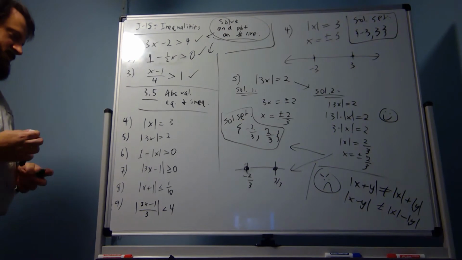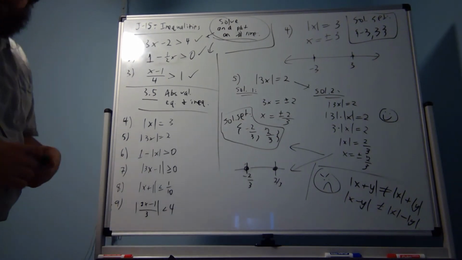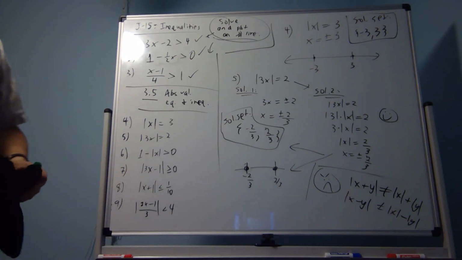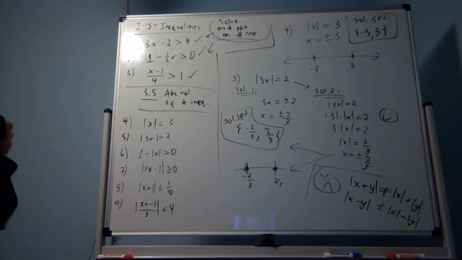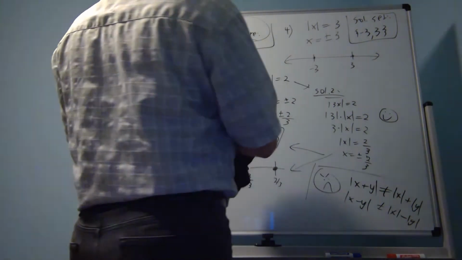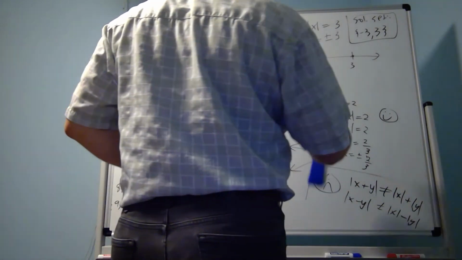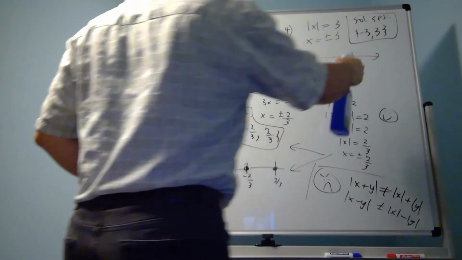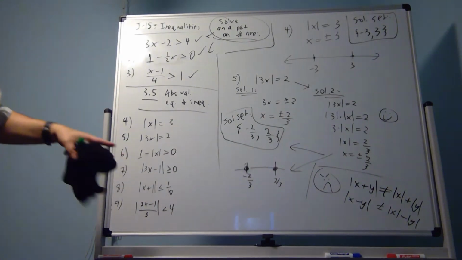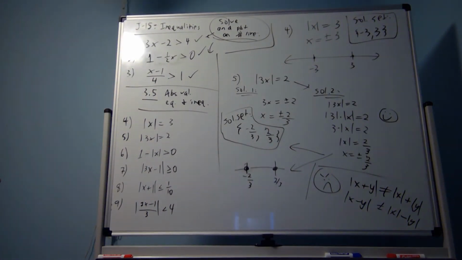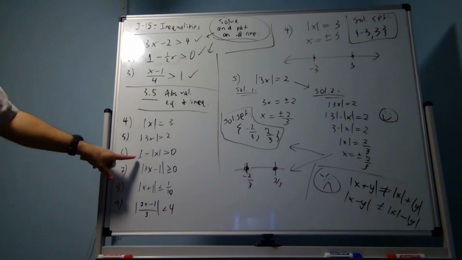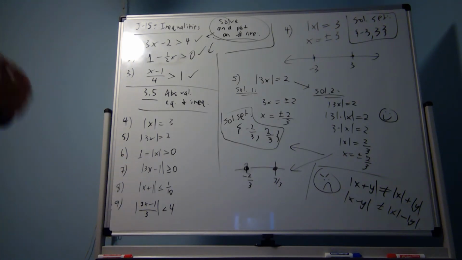All right, so what's next? Number 6. There's one thing to watch out for, and that is, that one's kind of not really in standard form. What we said on the other side of the dry erase board was, what happens when absolute value of x is less than something, or what happens when absolute value of x is greater than something.